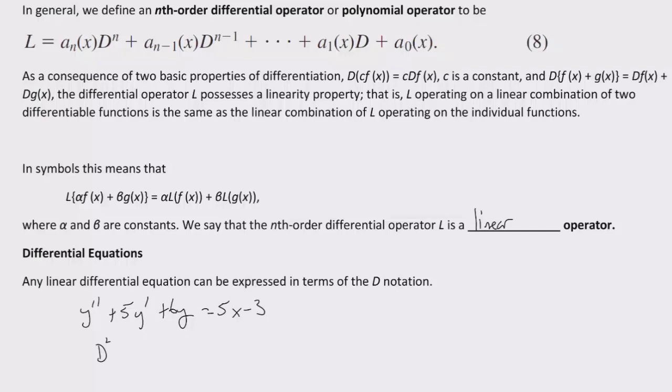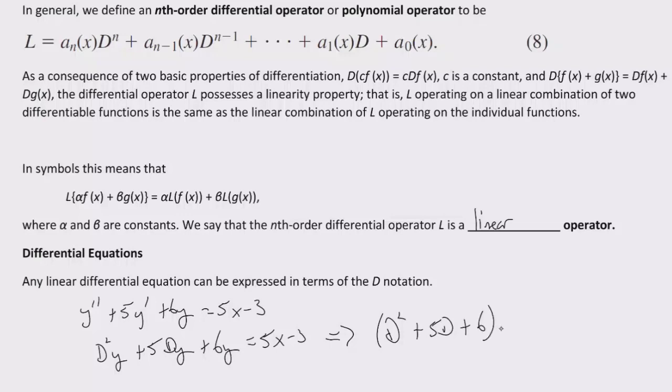So D squared y plus 5Dy plus 6y equals 5x minus 3. In that sense, I can factor out a y from all of my terms. So that would mean D squared plus 5D plus 6, times y, equals 5x minus 3.